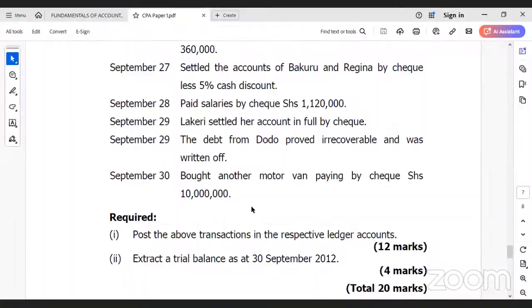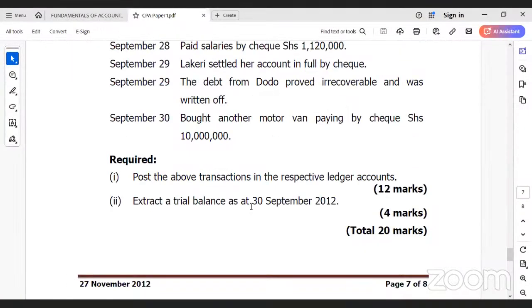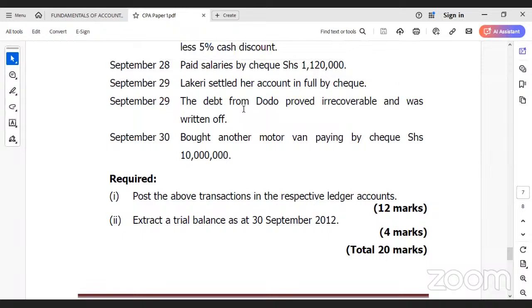So I go to the next transaction. What happened next? Alan, are you still there? What happened? Paid salaries by check. By check how much? 1,120,000.